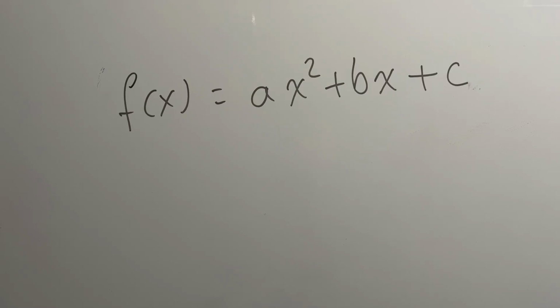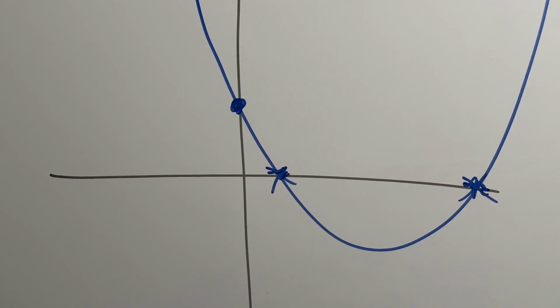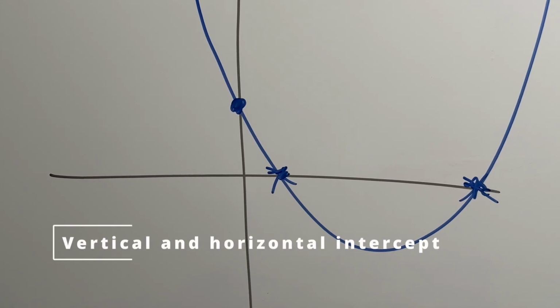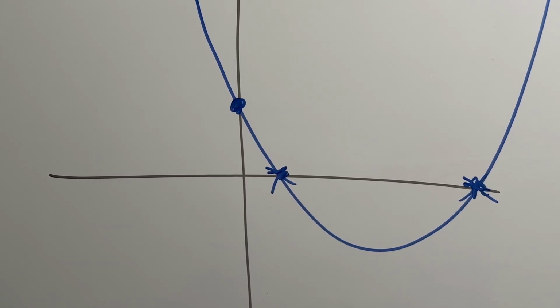And we will be interested in two properties of this function: the vertical intercept and the horizontal intercept. The vertical intercept is the point where the graph of a quadratic function, a parabola, will touch the vertical axis. In this case, it's represented here by this circle.